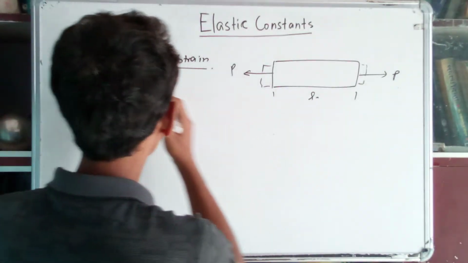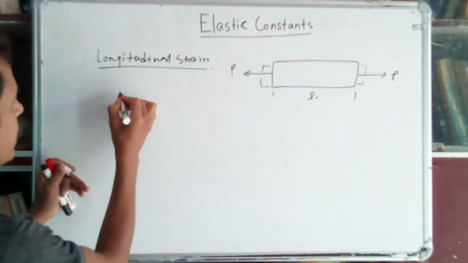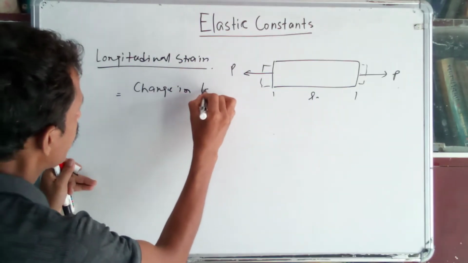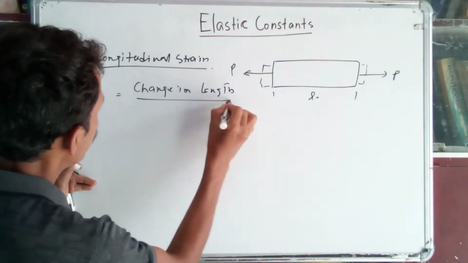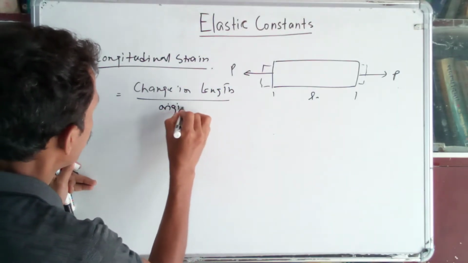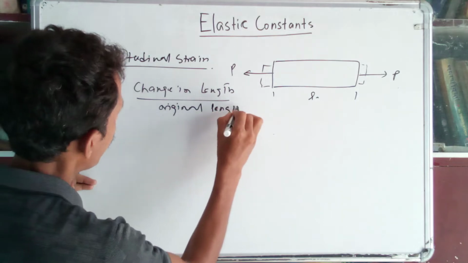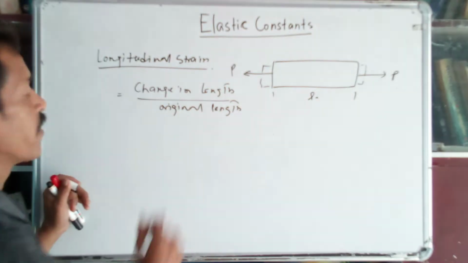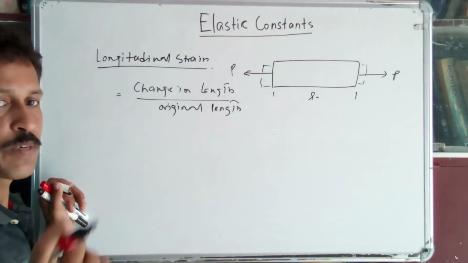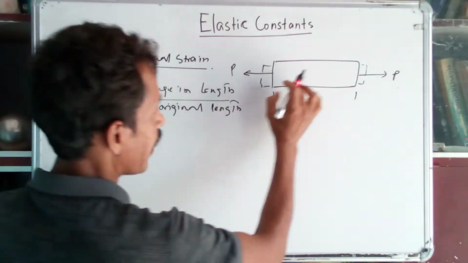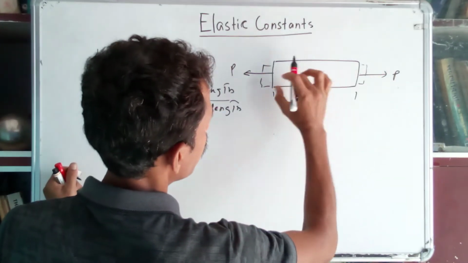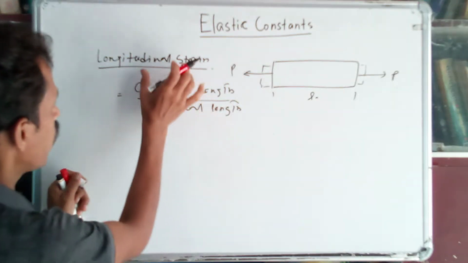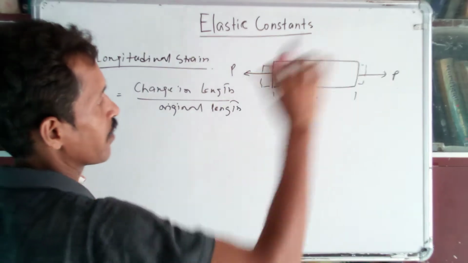So the change in length is the longitudinal strain, that is equal to change in length to the original length. We know strain is the change in dimension to the original dimension. Along the axis of this bar, the change in length by original length is called longitudinal strain.